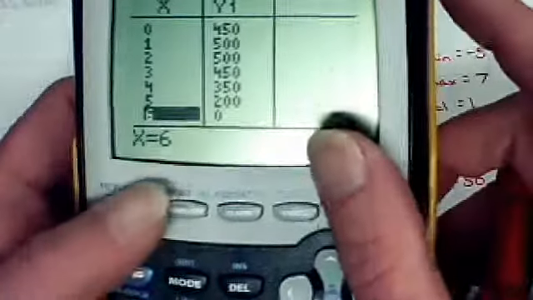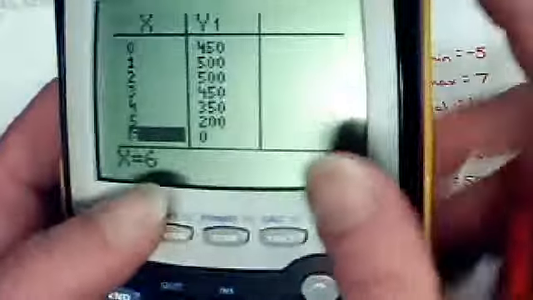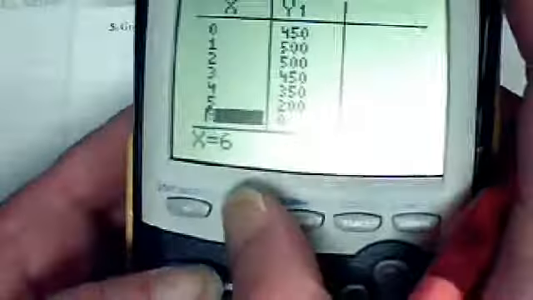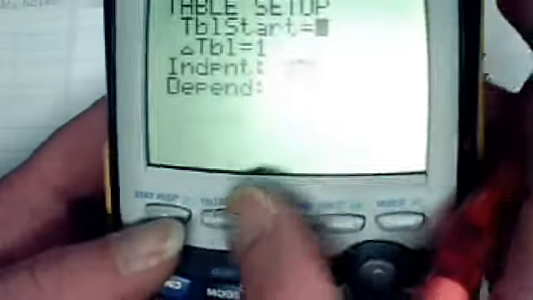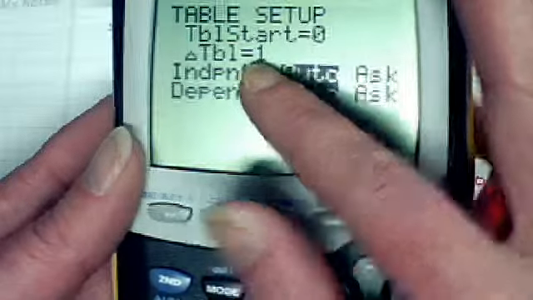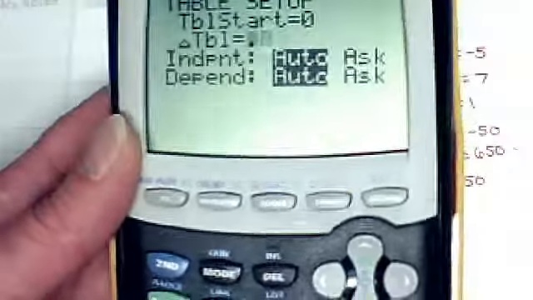One way is to change my table setup. Instead of counting by 1s, if I counted by 0.5 and see if I can find it that way. So I could change my table setup starting at 0, but instead of counting by 1s, count by 0.5.